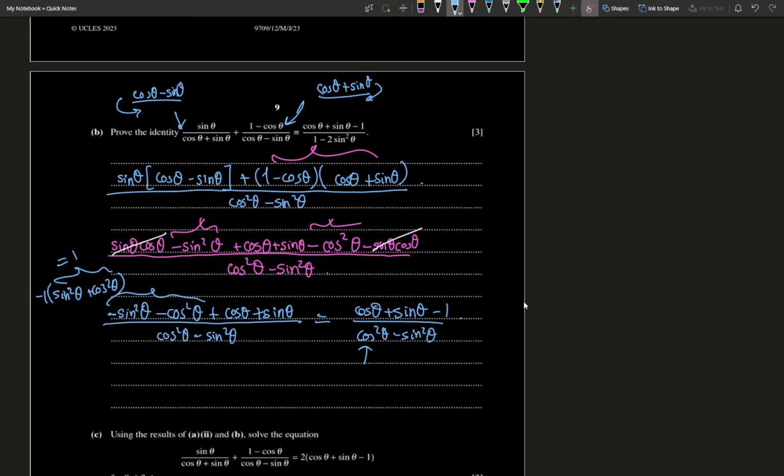We'll have to use this identity right here. فwe'll write it as sine squared theta plus cosine squared is equal to 1. فهنودي sine squared الناحية التانية giving us cosine squared is equal to 1 minus sine squared. بعديها we'll just substitute this into this giving us cosine of theta plus sine of theta minus 1 divided by cosine squared اللي هي 1 minus sine squared. ف 1 minus sine squared minus sine squared is equal to minus 2 sine squared, and QED.